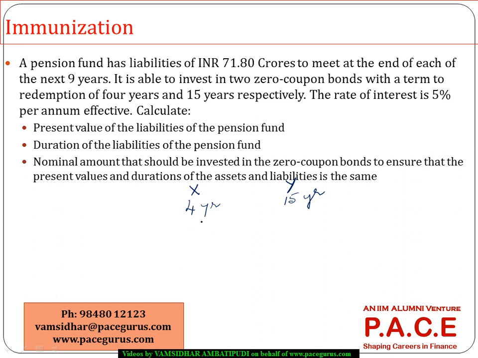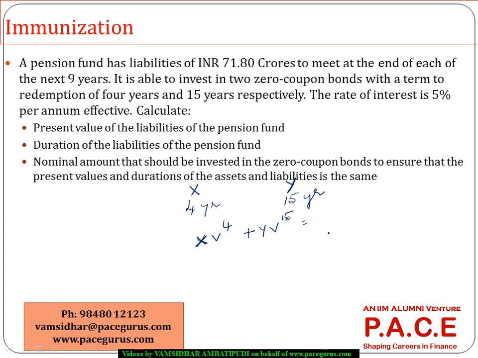When I look at the maturities of each of these zero coupon bonds, I could very well look at the face value of this particular bond, which will give me X after 4 years. Right now the present value of that is X into v power 4. Similarly for this, if I am investing Y in it, Y into v power 15. That is the present value of the assets.